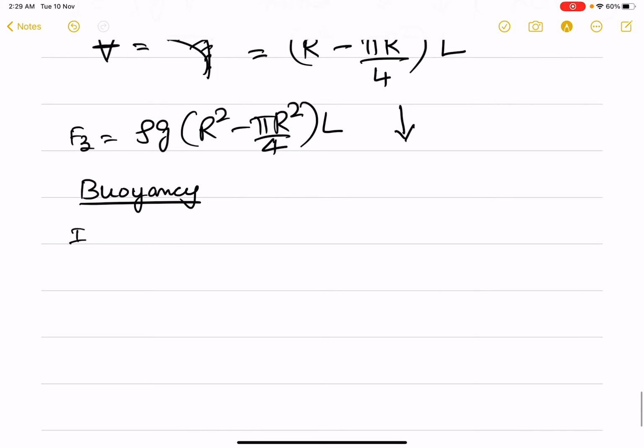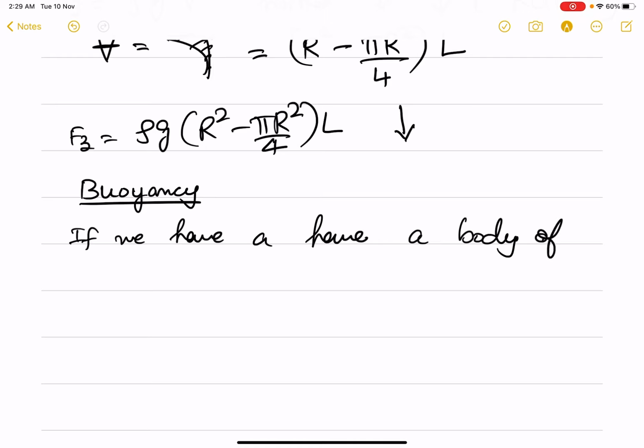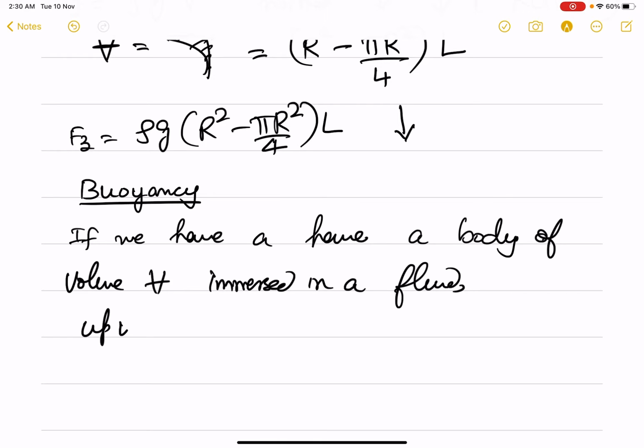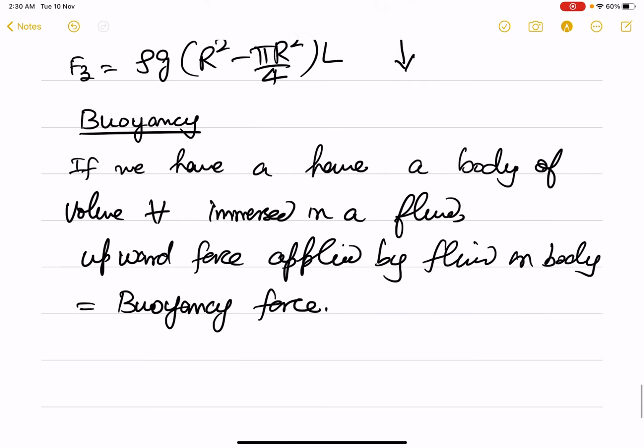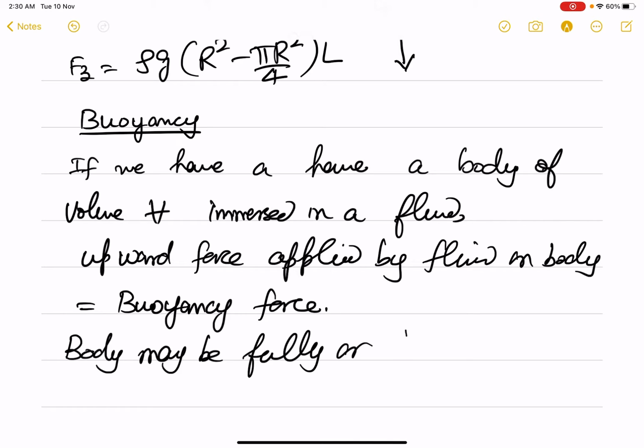If we have a body of volume V immersed in a fluid, then the net upward force applied by the fluid on the body is called the buoyancy force, and the body may be fully or partially submerged.